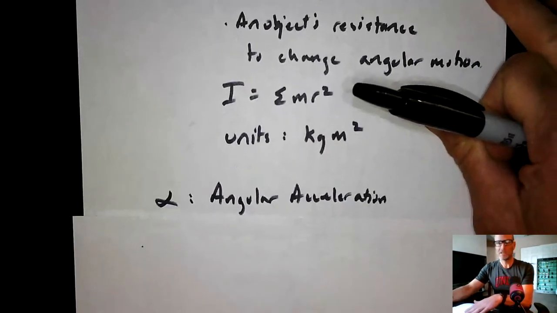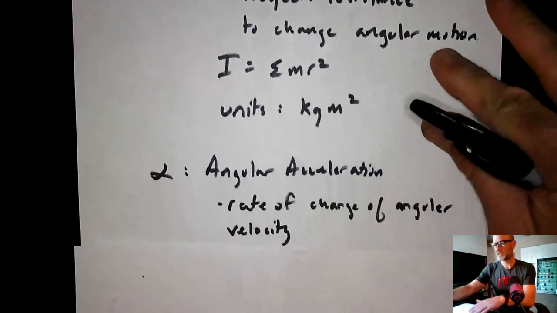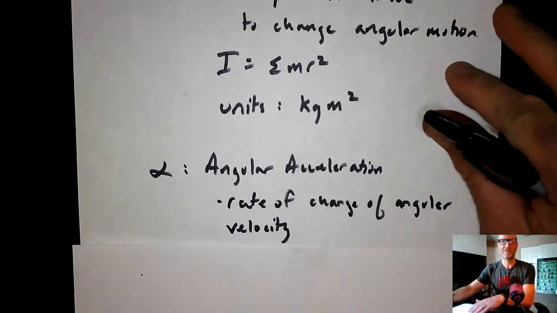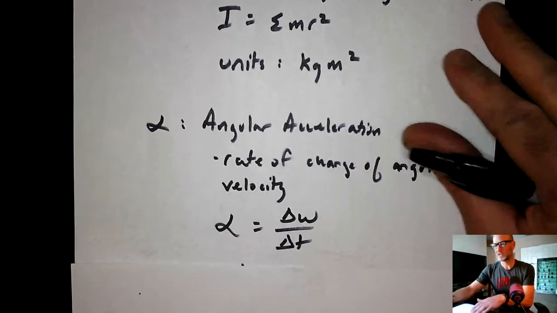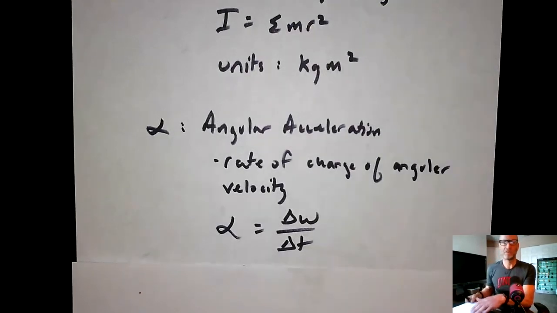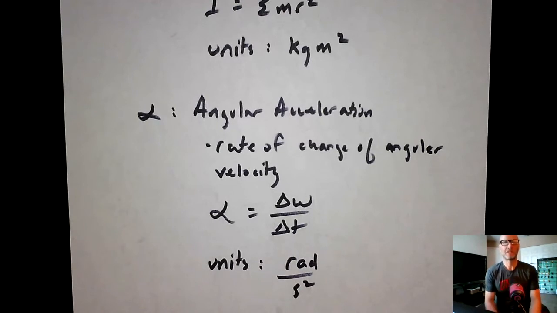All right, alpha, we know from our kinematic section, is angular acceleration. It's the rate of change of angular velocity, how fast angular velocity is changing. And we use the equation alpha equals delta omega over delta t, and the units are radians per second squared.